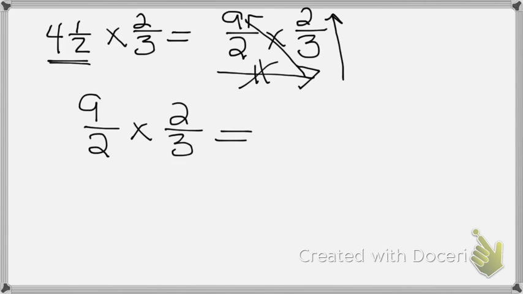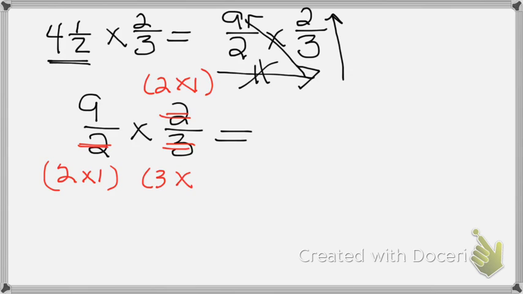Now, if this is not familiar to you, what we're really doing here is crossing out the factors. If I take all these and write them out individually, I would write this 2 as 2 times 1, this 3 as 3 times 1, and 9 as 3 times 3.